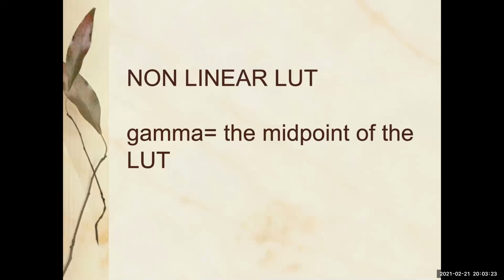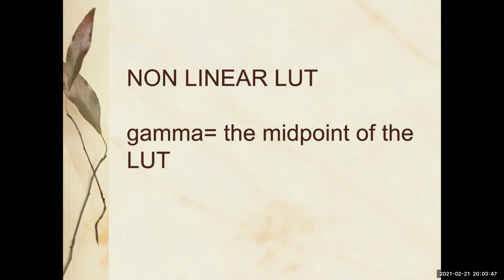Gamma is the midpoint of the lookup table. You can legitimately move the gamma, and it's still considered legitimate science manipulation of images, because you're doing it to the whole image, applying the same lookup table to every pixel.